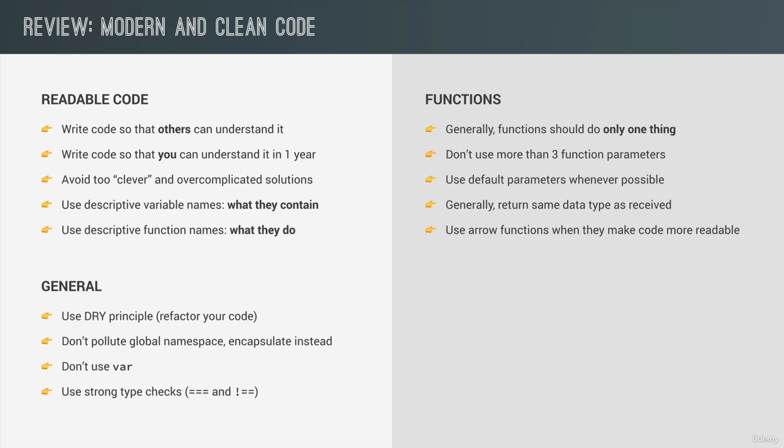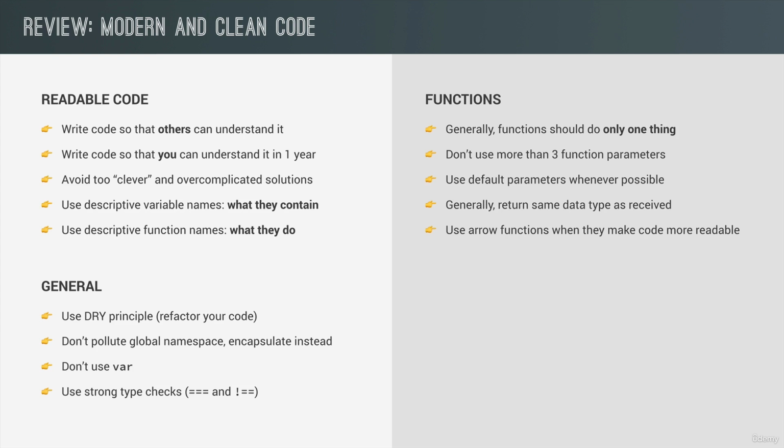So, for example, if you receive 2 or 3 numbers as an input to a function, then probably you will want to return a number as well. So that then makes more sense when you consume, so when you use the function later. And again, this is a rule that you can of course break, but it's again good to keep this one in mind.